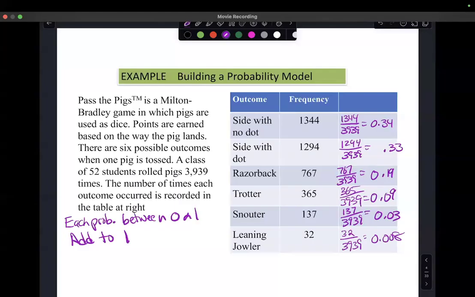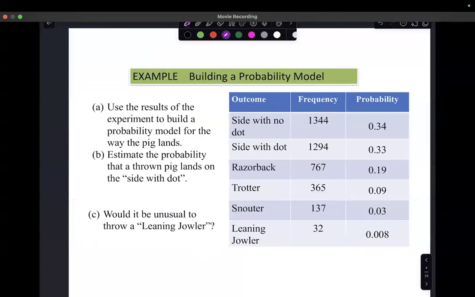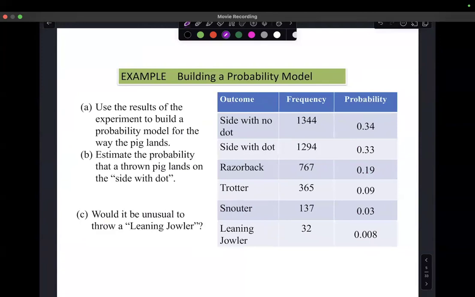So the law of large numbers tells us that as the number of trials gets bigger, the closer we're going to get to the actual probability. Just like I said, if we kept rolling dice over and over again, if I rolled dice 3,939 times, about 50% of those are going to be even because we're getting close to the actual probability. All right, I'm going to move on where I already have this. So let's talk about this.